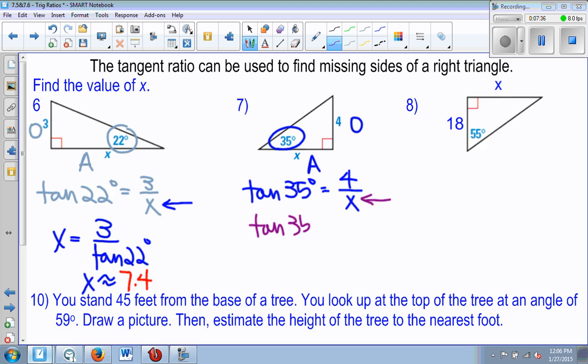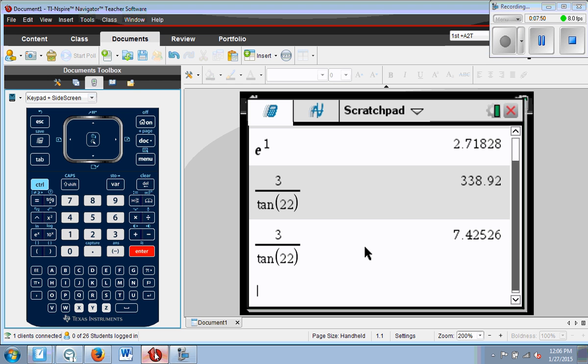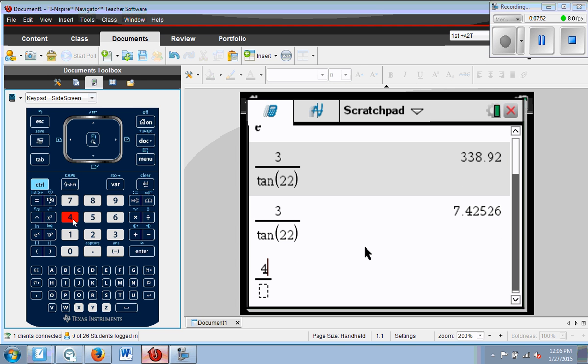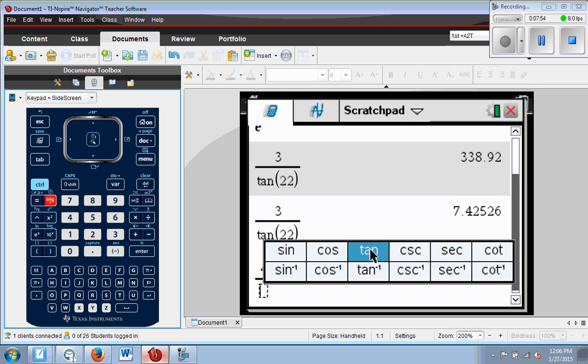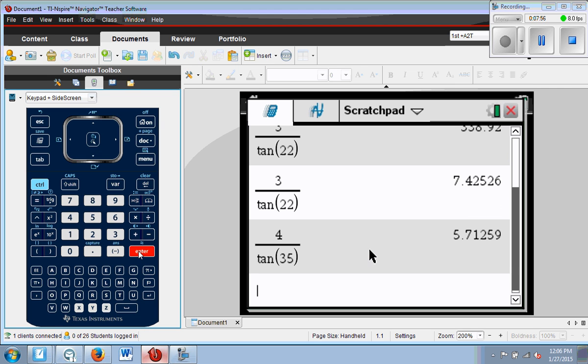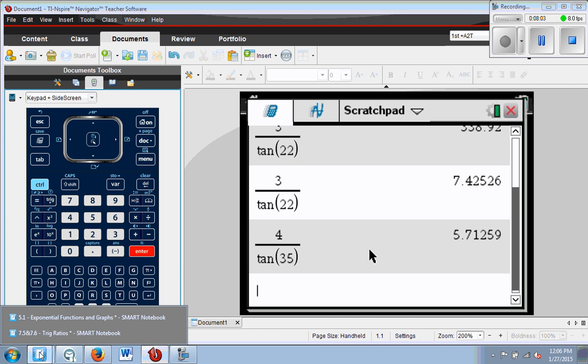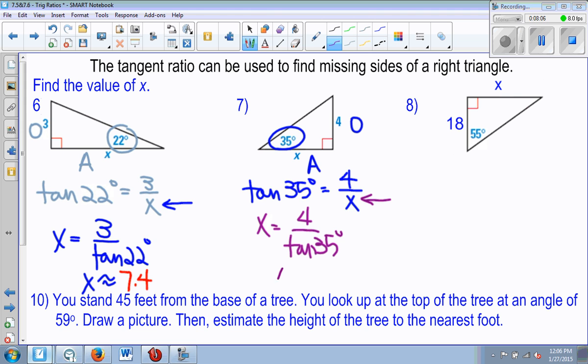We're going to write it as x equals 4 over tan of 35 degrees. Again, I go to my calculator, type in a fraction, 4 over tan of 35, and we would round this decimal to the nearest tenth, 1 decimal place, to 5.7. So we would say that x is equal to 5.7.